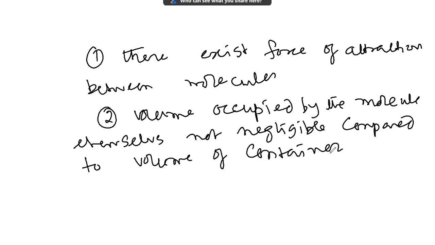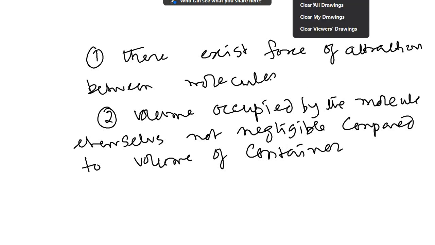The law derived will be the case of the real gas law. The real gas law takes into consideration both facts, that is, the force of attraction between the molecules and the volume occupied by the molecules themselves. In deriving the real gas law, we have discussed a factor Z. Z is called the compressibility factor.